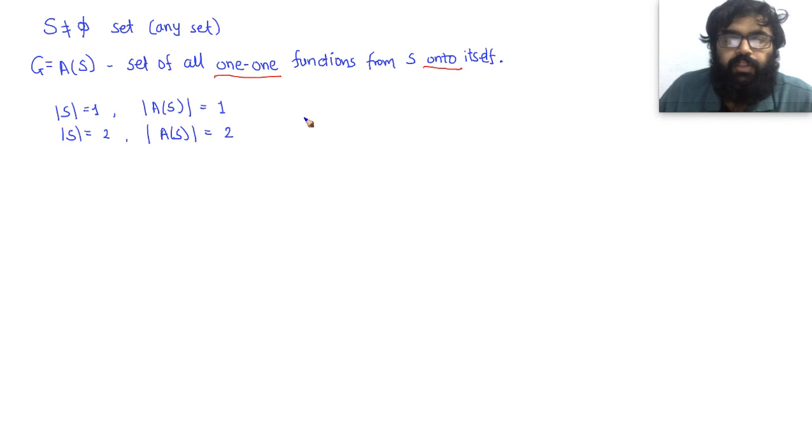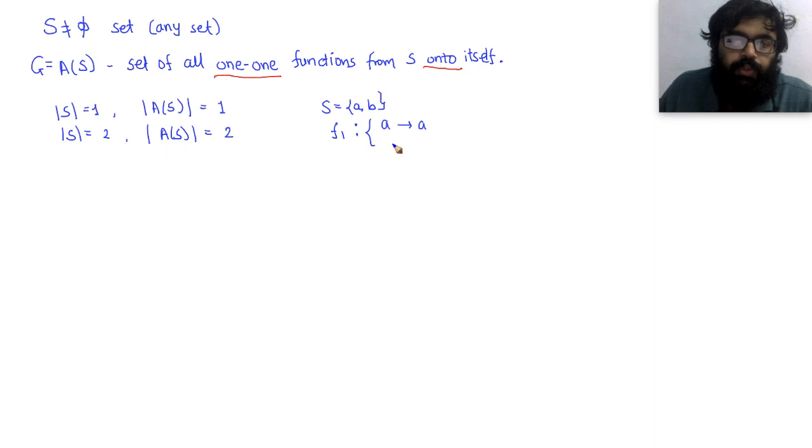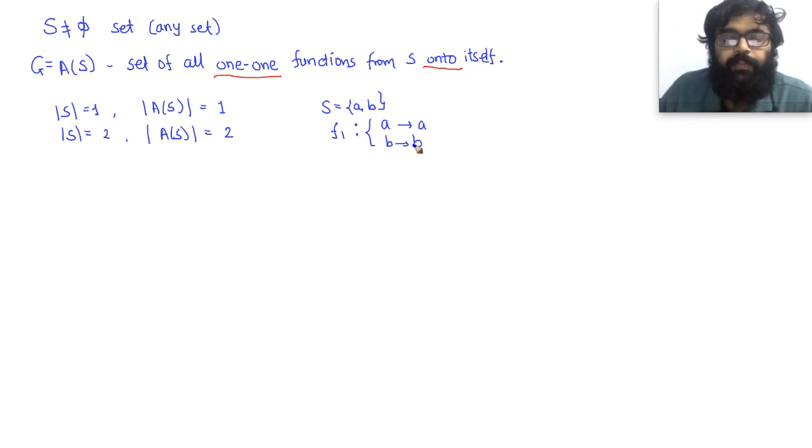Suppose S equals {a, b}. Then we have two functions: F1, the identity function, where a goes to a and b goes to b, and F2, which interchanges the two, sending a to b and b to a. This is what we saw last time.